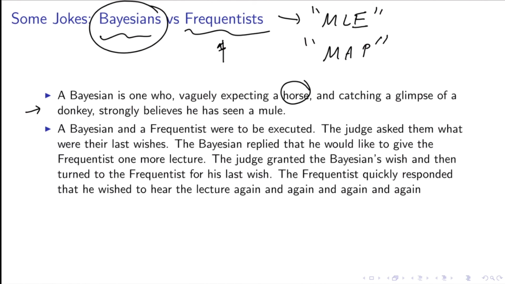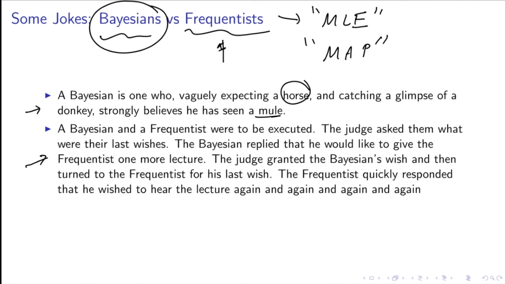However, after seeing the donkey, it tried to combine the horse and the donkey and came up with the mule. What will the frequentist do? The frequentist will say that if I see a donkey, I have no prior, which means that the next example has to be a donkey. It cannot be a combination of horse and donkey.